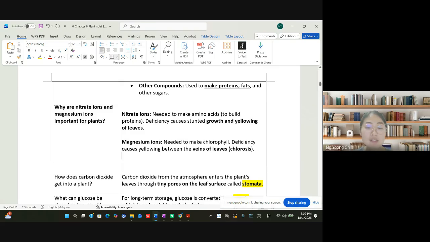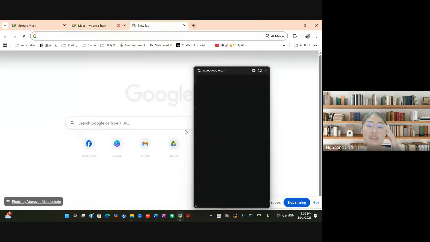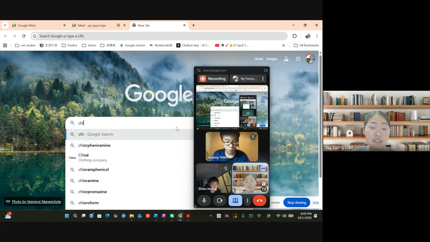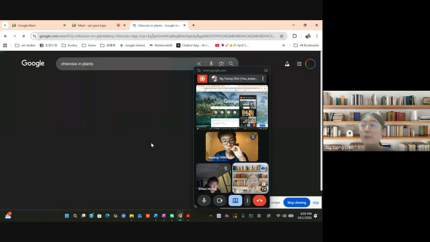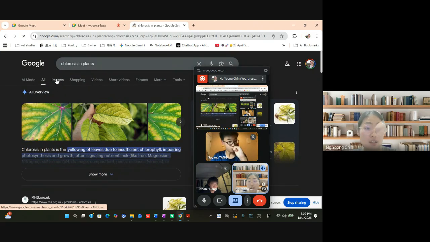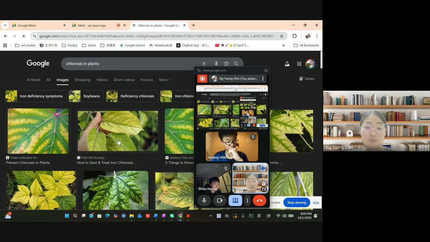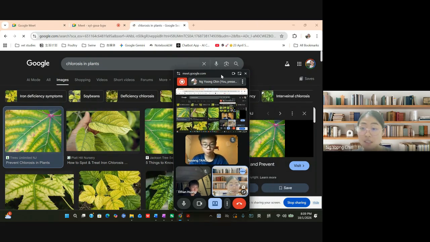This is a bit different. Let me show you. Chlorosis is this one. Chlorosis is a condition that only happens in plants, and it refers to starting from the vein, so you can see the vein becoming yellowish. Not the whole leaf, it's the vein.